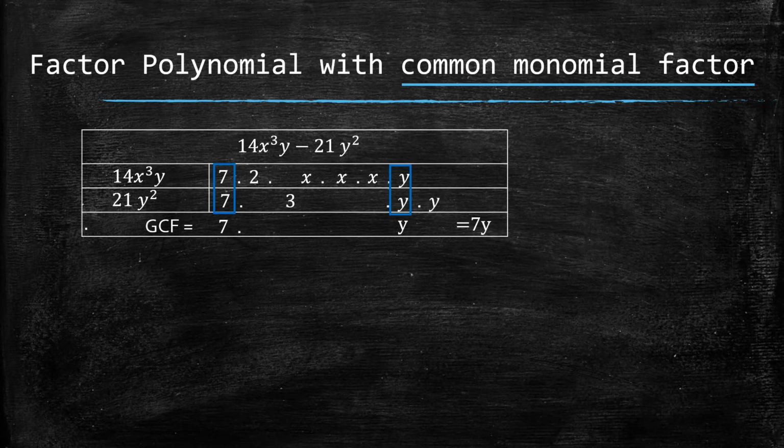Okay, with this, how do we factor 14x cubed y minus 21y squared? What will you do? First thing you're going to do, of course, you copy the given. This is what we will factor. Next thing that you're going to do, class, is you have to get the common monomial factor or the GCF. Actually, that is the common monomial factor, the GCF.